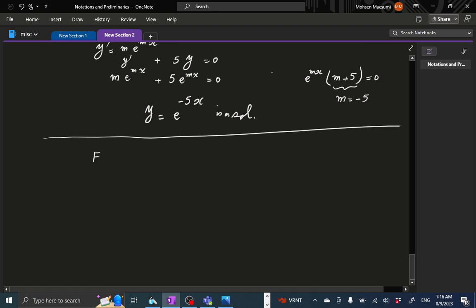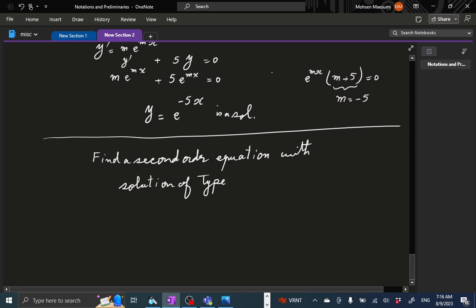So it says: find a second order equation with a family of solutions of the type y equal to, for example, ax plus bx squared.